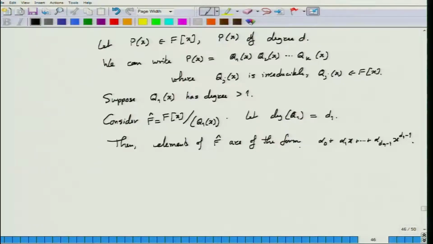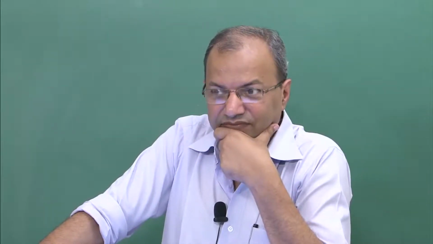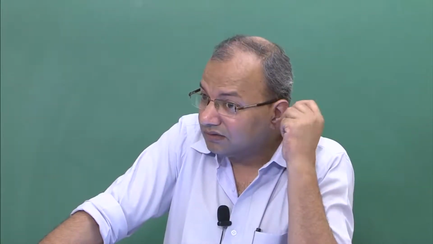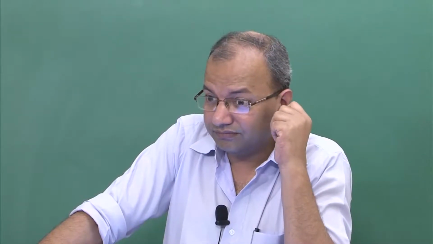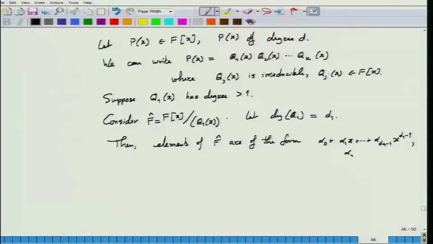Elements of F hat have this form. Each element is a polynomial of degree at most d1 minus 1 with coefficients in F. Because you are quotienting with Q1, which is a polynomial of degree d1.